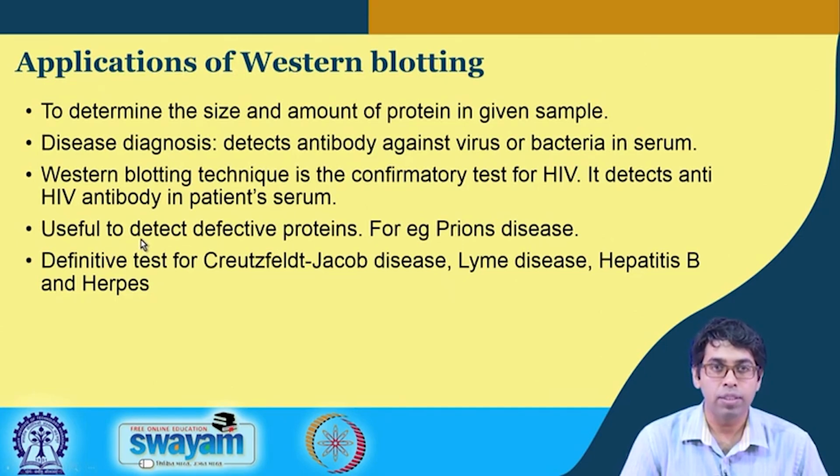So you can see that all these different applications of Western blotting make it a very unique technique, and it is most probably the most widely used immunoassay technique among all three.